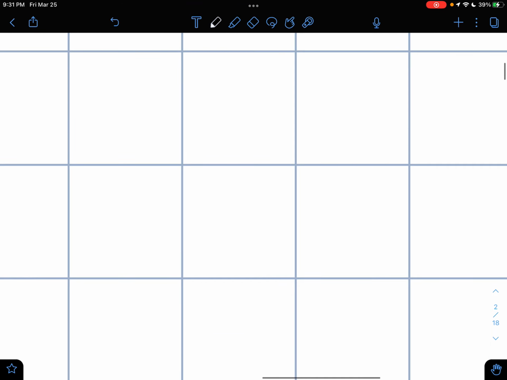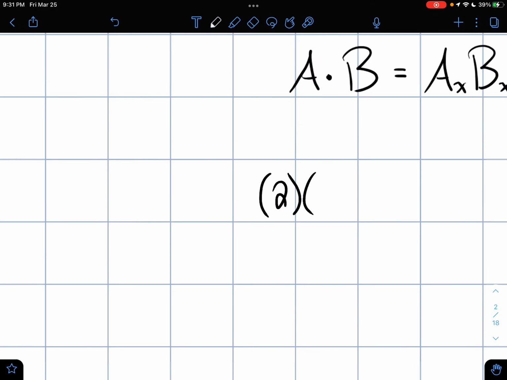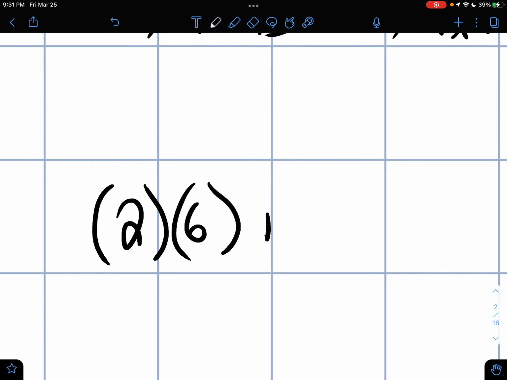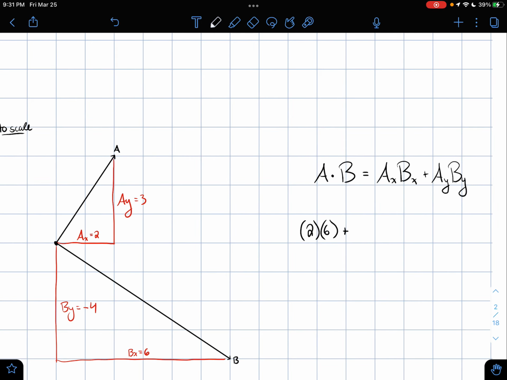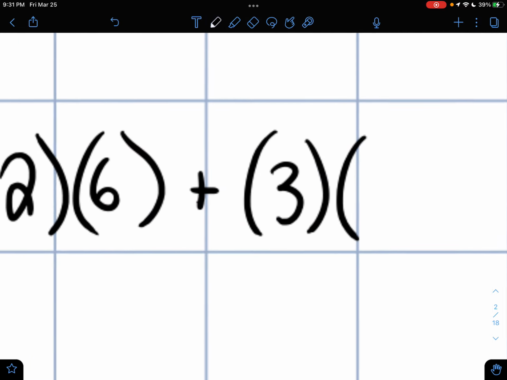So AX is 2, and our BX was 6. And we add that with our AY, BY. So AY was 3. And our BY is -4.